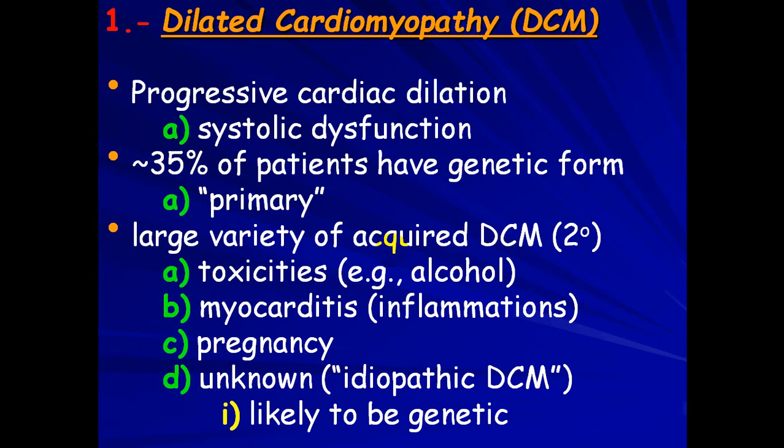There is a large variety of acquired dilated cardiomyopathy, as we said in the WHO classification, secondary: toxicities, for example alcohol, myocarditis or inflammation, and pregnancy, what we called peripartum cardiomyopathy. The unknown, idiopathic dilated cardiomyopathy is most likely genetic.